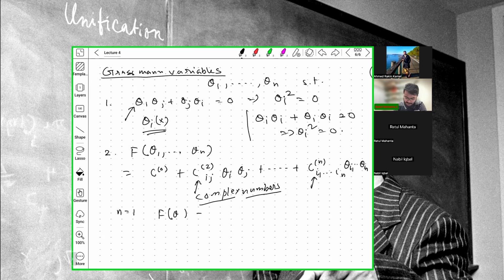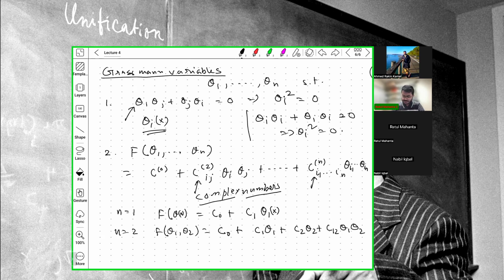A function will be nothing but a complex number plus another complex number times the Grassmann variable. For n equals 2, you have two Grassmann variables, call them theta 1 and theta 2. It will be C0 plus C1 theta 1 plus C2 theta 2 plus some number times theta 1 theta 2.